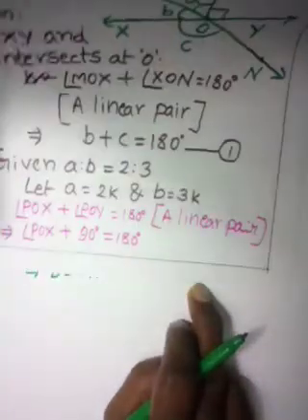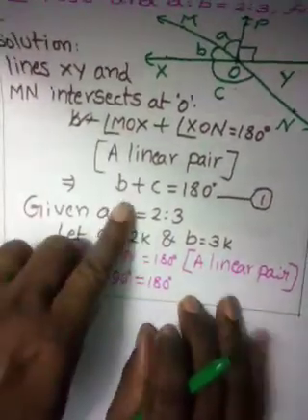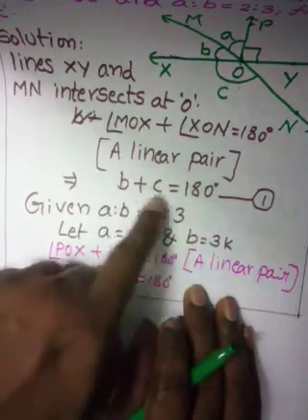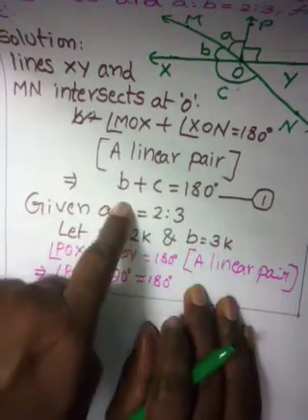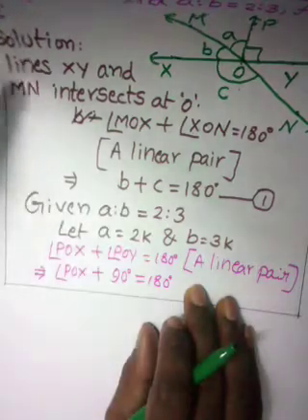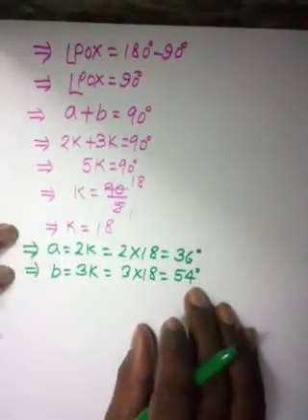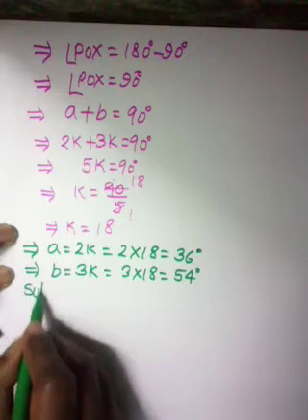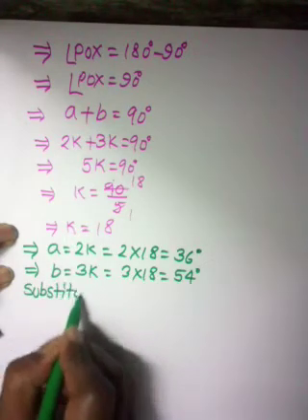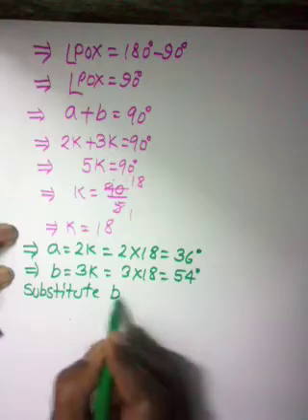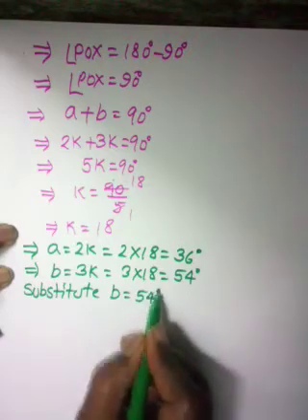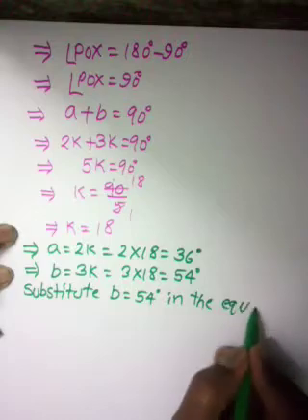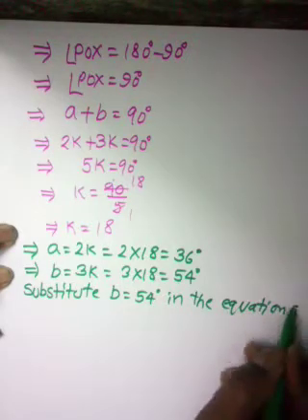Now come to here. From the first equation we got b plus c is equal to 180. Isn't it, my dear children? So in this equation let us substitute the value of b. So what is b value here? 54 degrees. So substitute b is equal to 54 degrees in the equation 1.